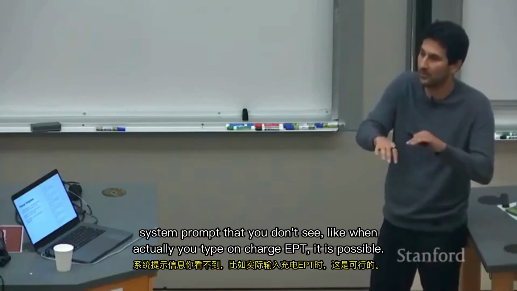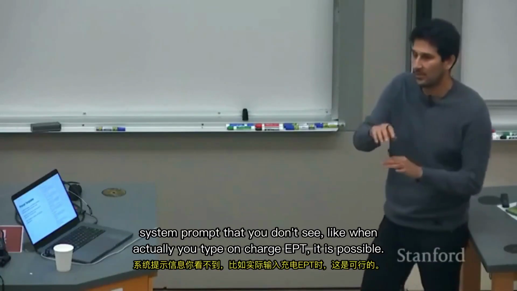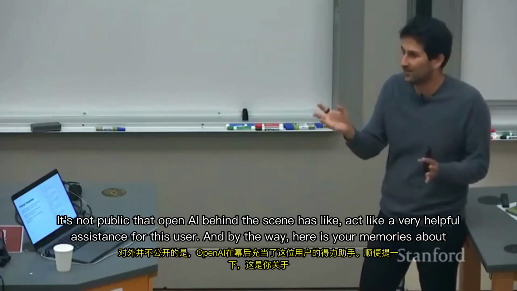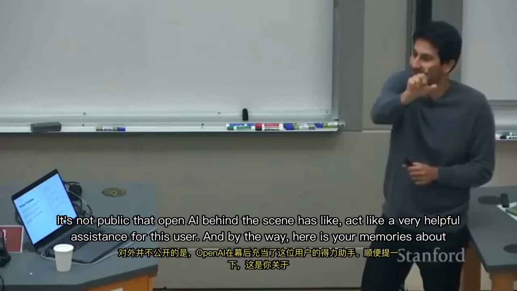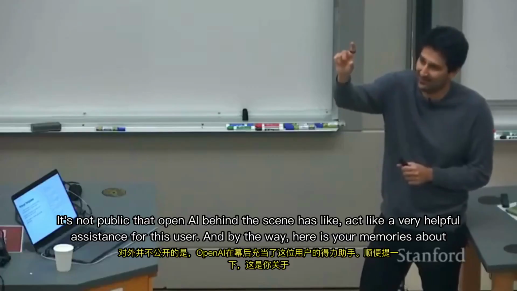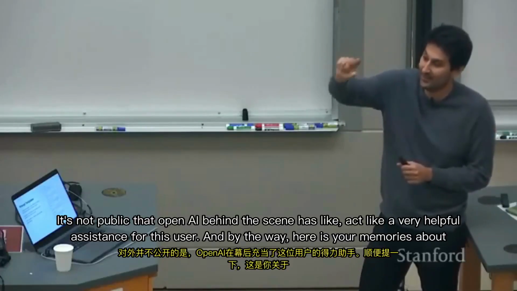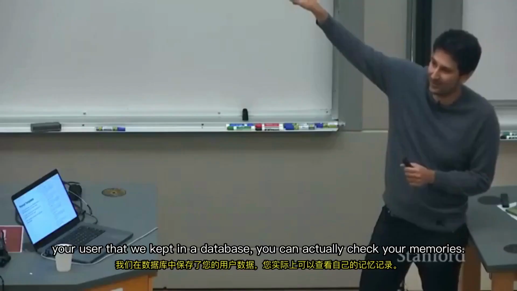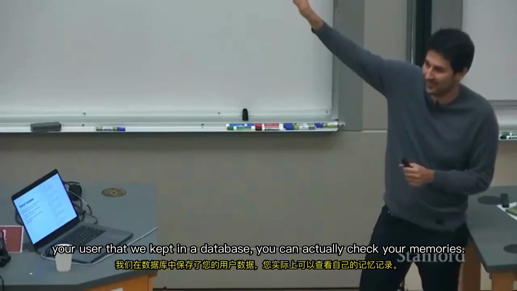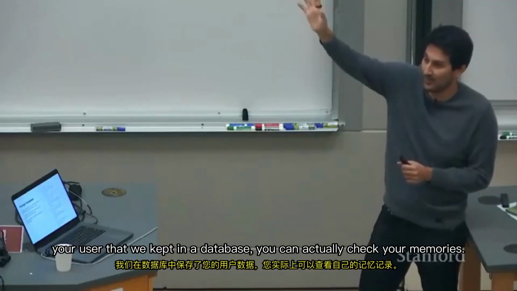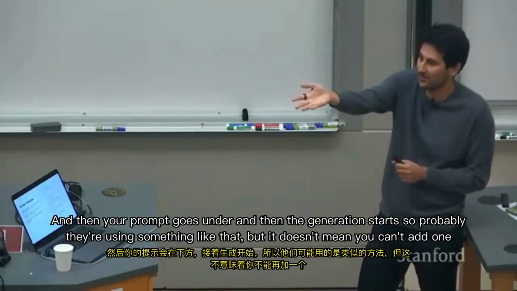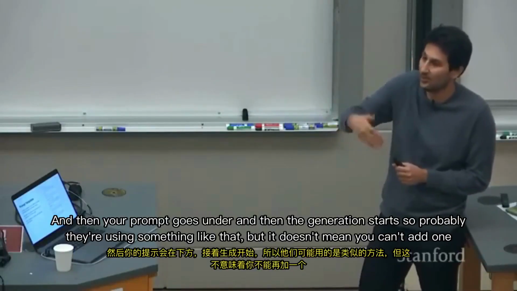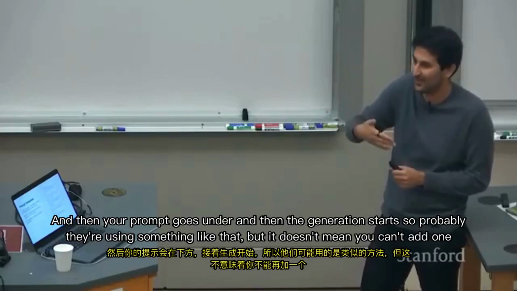When you type on ChatGPT, it is possible, though it's not public, that OpenAI behind the scenes has "act like a very helpful assistant for this user." And by the way, here are your memories about the user that we kept in a database. You can actually check your memories. Then your prompt goes under, and then the generation starts. So they're probably using something like that, but it doesn't mean you can't add one yourself.